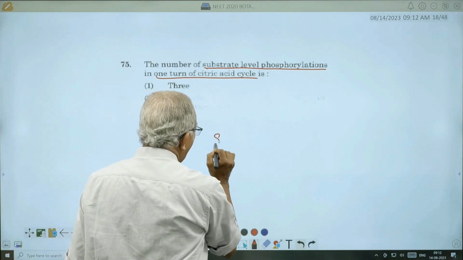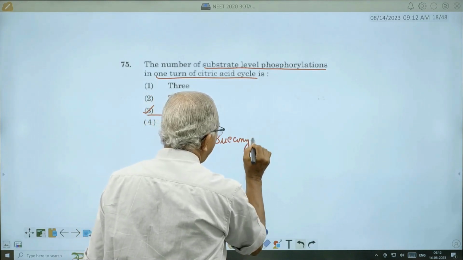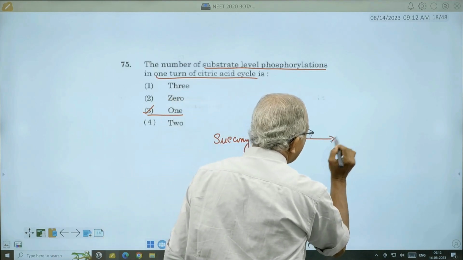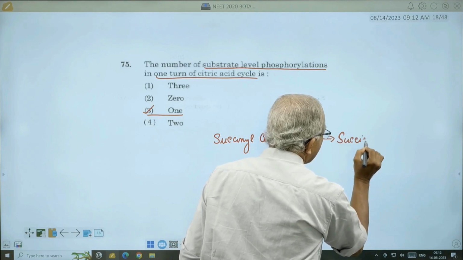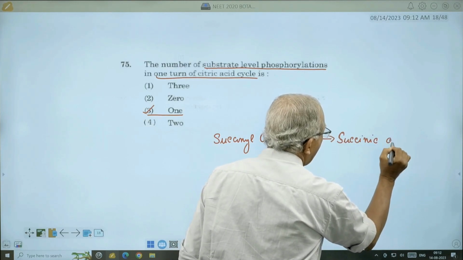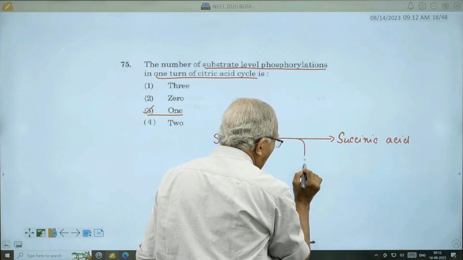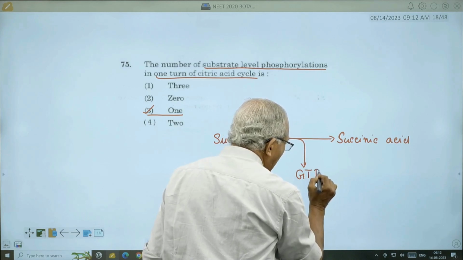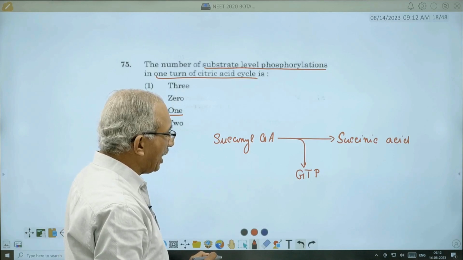That is when succinyl coenzyme A is converted to succinic acid, one molecule of GTP is produced.